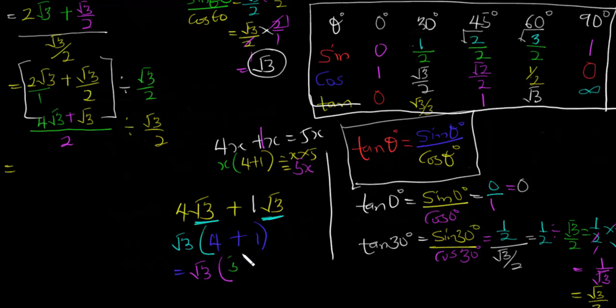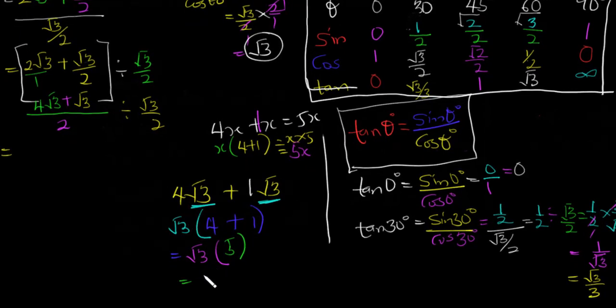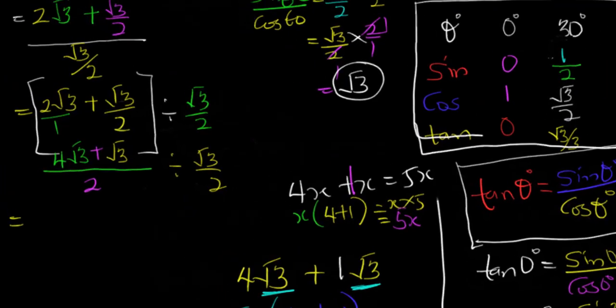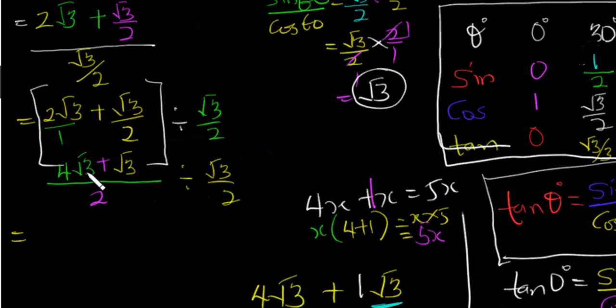Root 3 times 5 should be 5 root 3. When you multiply a rational number by a surd, we write the rational number first, that is the 5, then we add the surd, or the irrational number. So 4 root 3 plus root 3 is going to be 5 root 3.